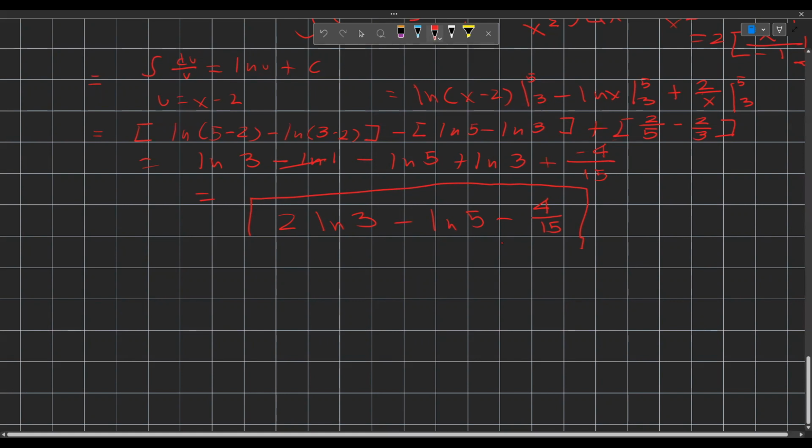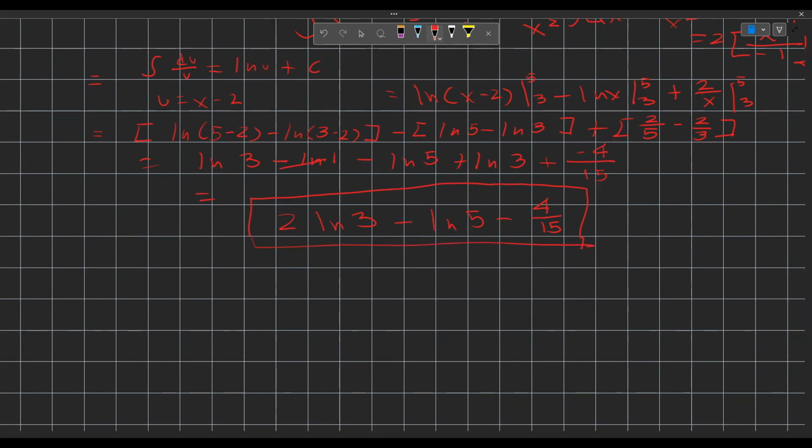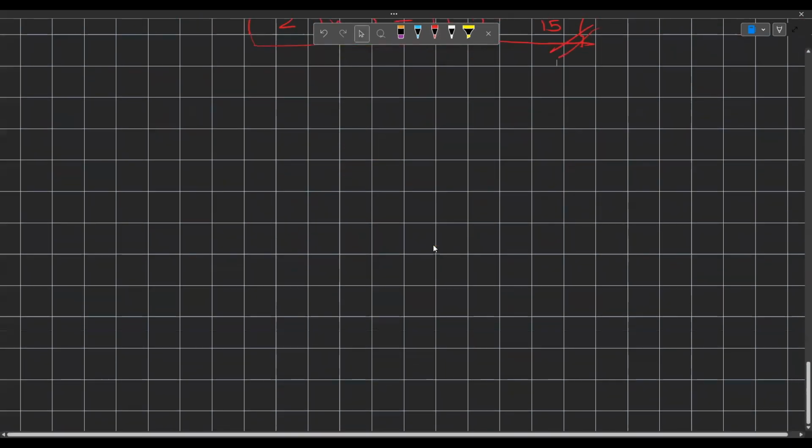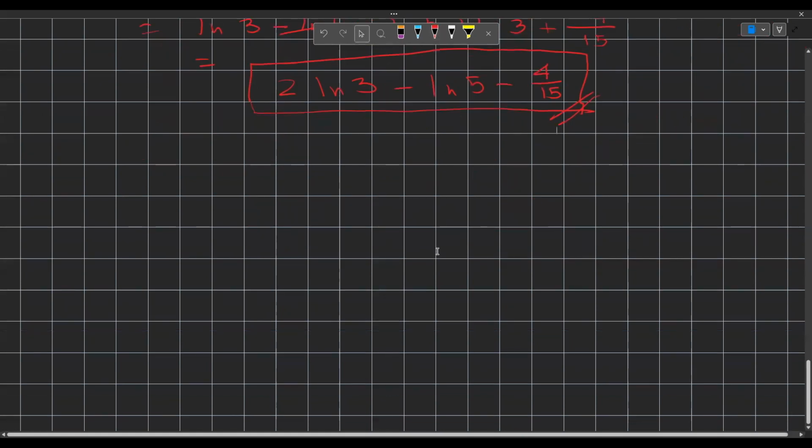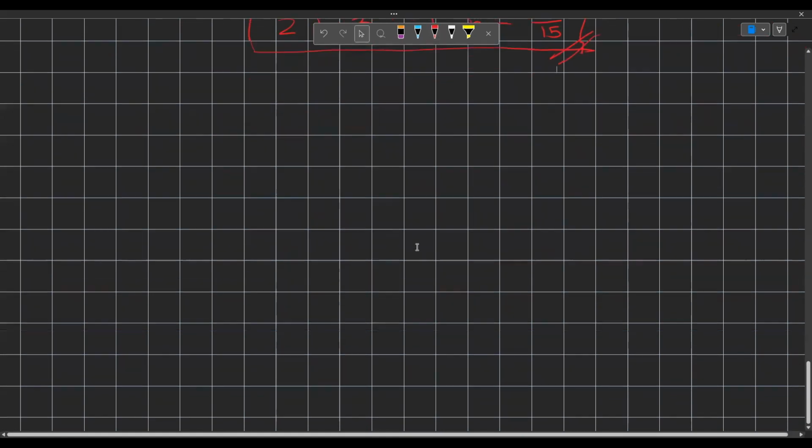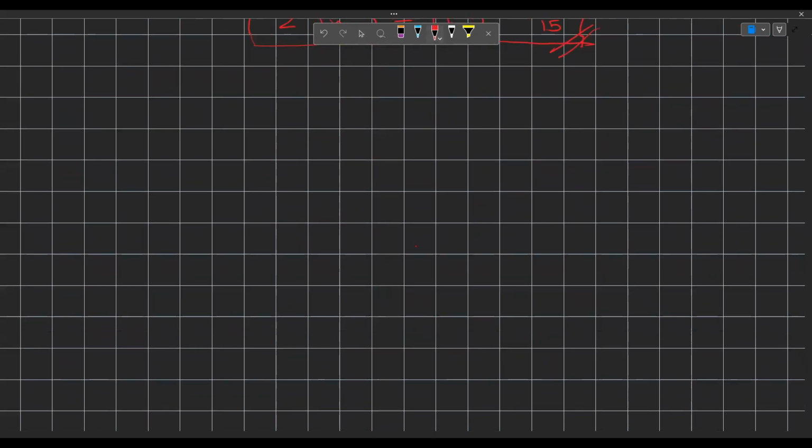for our problem number 3. So let's now proceed with problem number 4. This is another definite integral.